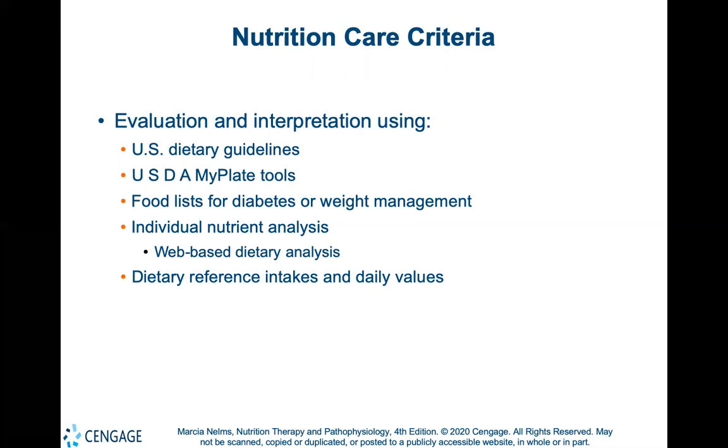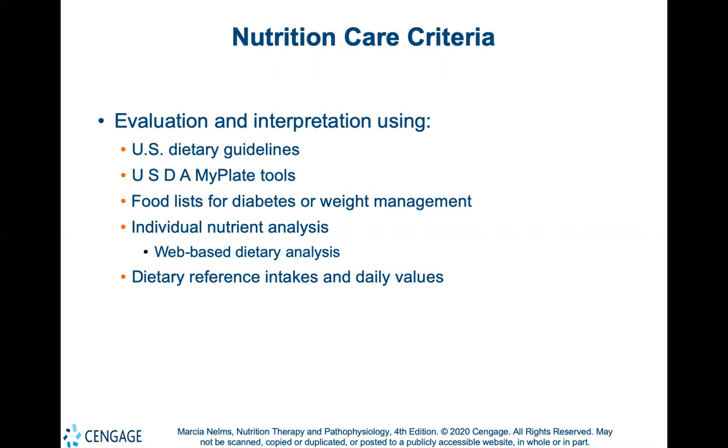These guidelines are based on decades of research and reflect the most up-to-date evidence-based information supporting the understanding of nutritional requirements. Dietary analysis using the MyPlate recommendations can quantify food consumed from each of the major food groups.